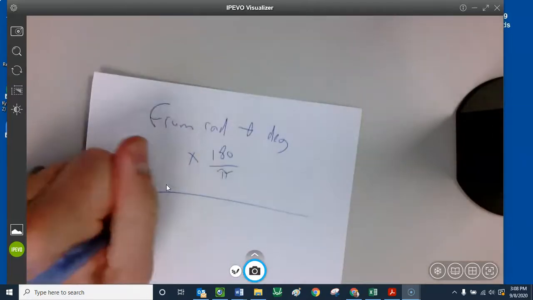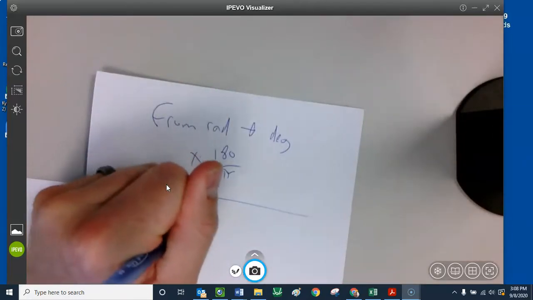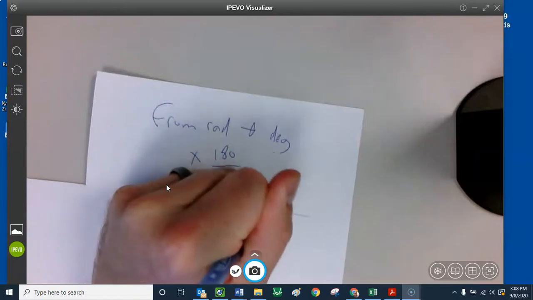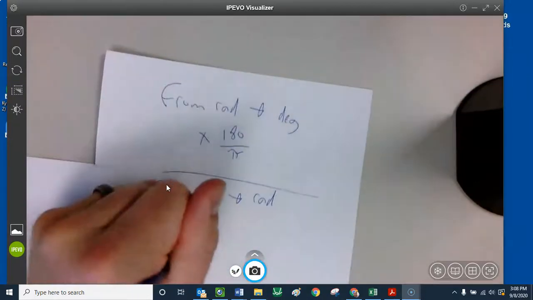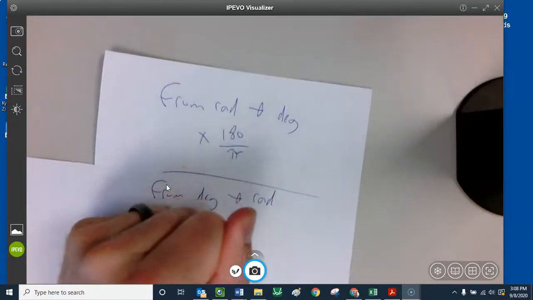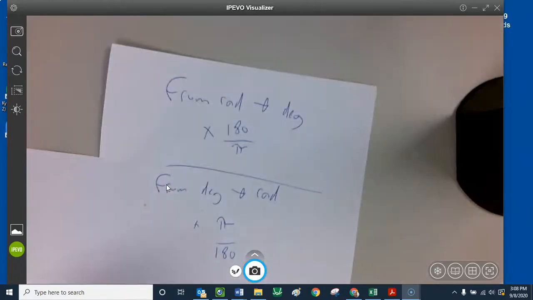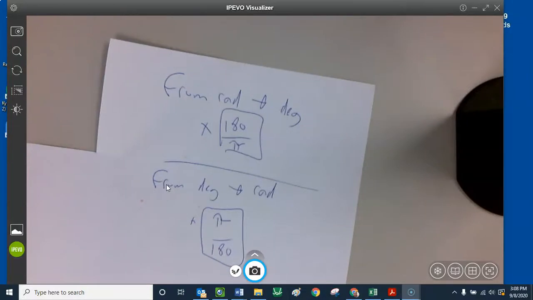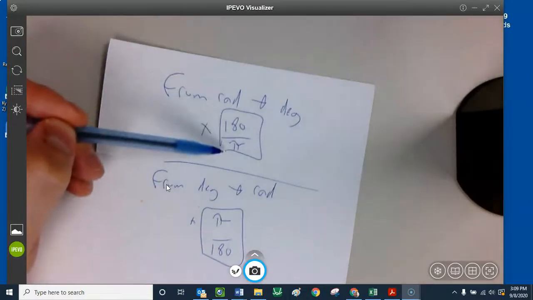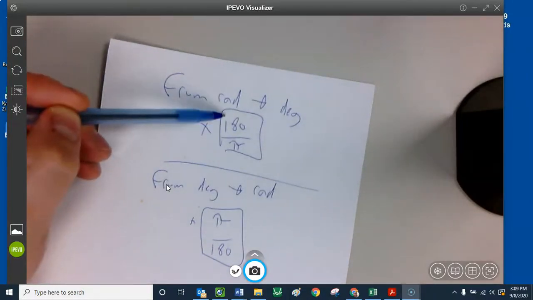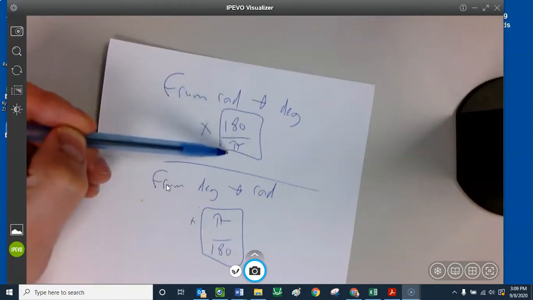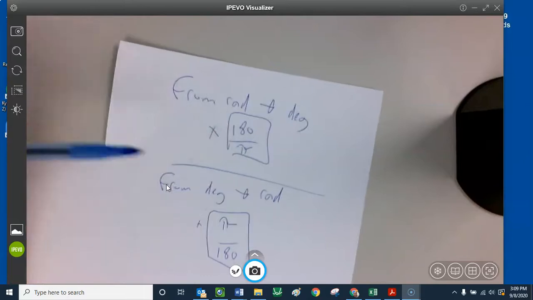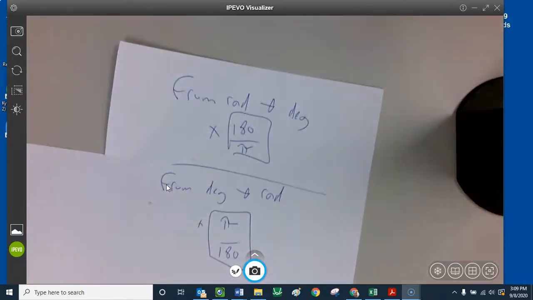So then backwards, if you ever want to go from degrees to radians, you just need to multiply by pi over 180. Those are our little conversion factors. We can multiply those together because really this is like a fancy form of 1. 180 degrees, pi radians, they're the same thing. If you're dividing something by itself, that's 1. We're just multiplying by 1. A fancy form of 1 that helps us out.